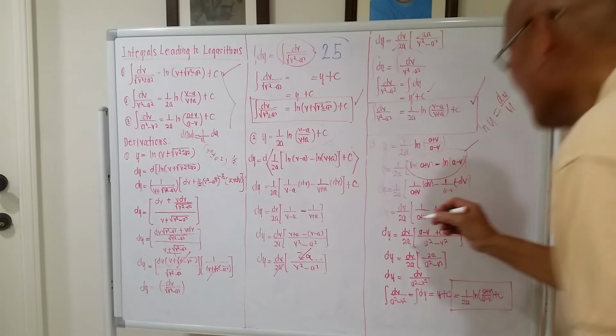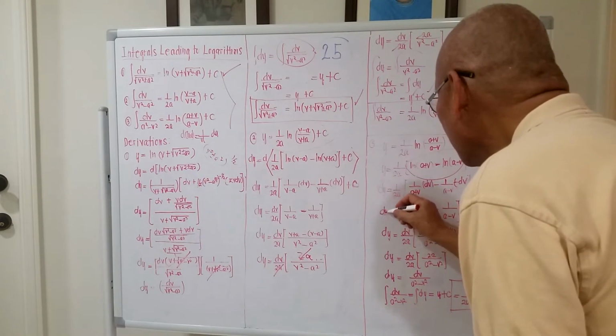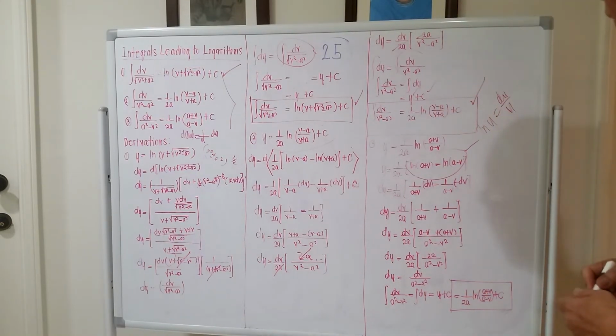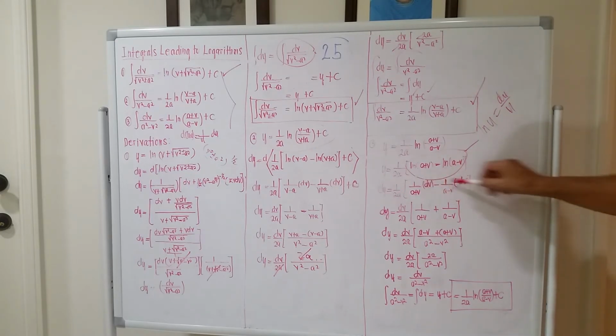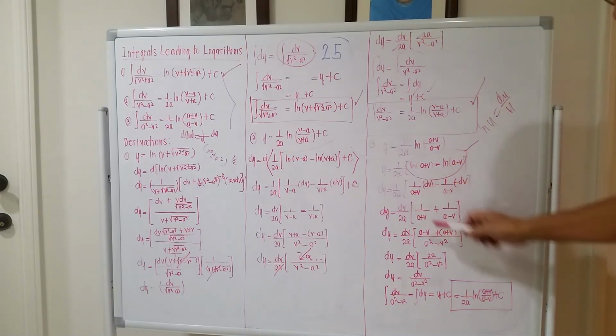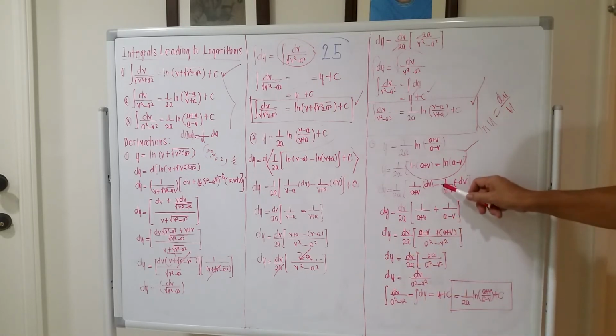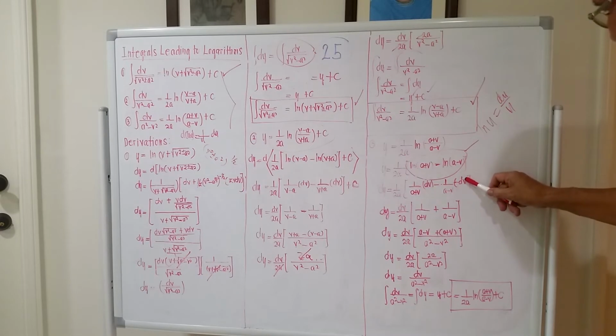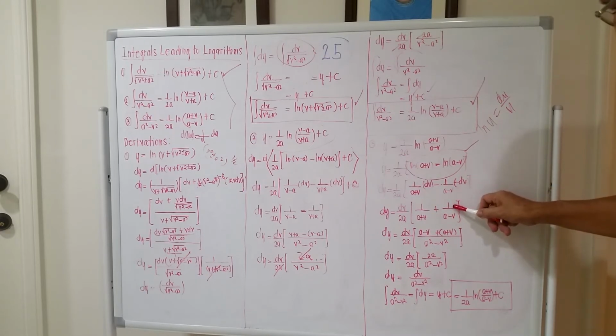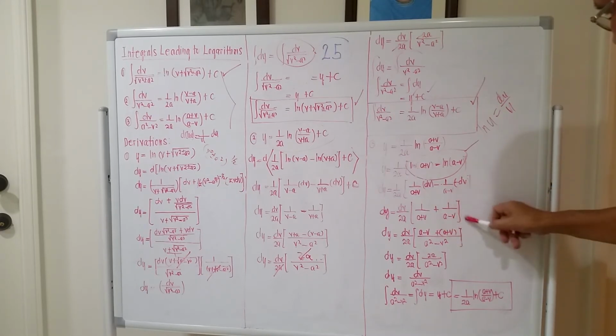Simplifying, dy now equal to, I factor out the dv, it's here. So what remains in the bracket is 1 over a plus b. This is minus 1 times minus dv, it's now a plus, right? So this is 1 over a minus b.